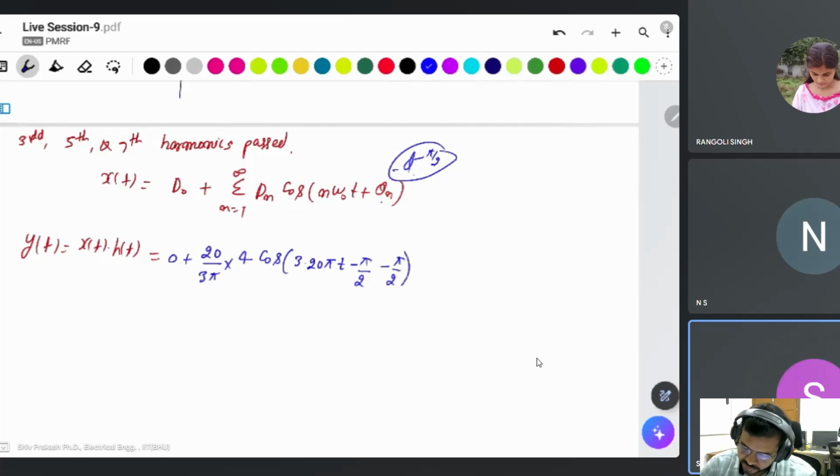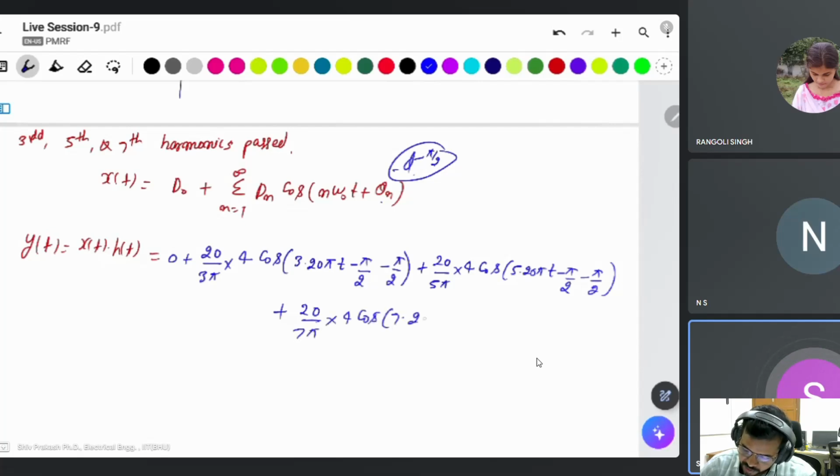Plus 20 by 5 pi into 4 cos of 5 into 20 pi t minus pi by 2 for the Fourier series, minus pi by 2 for the filter, plus 20 by 7 pi into 4 cos of 7 into 20 pi t minus pi by 2 minus pi by 2.